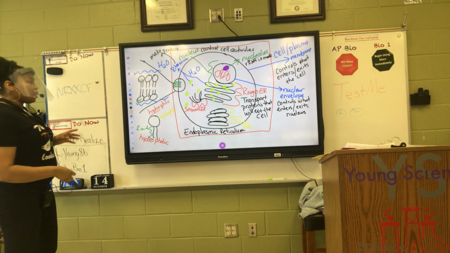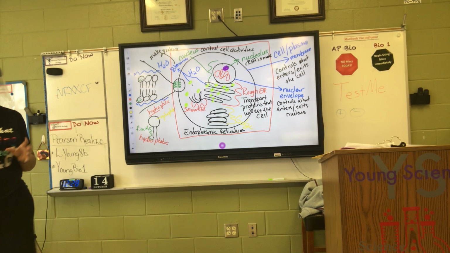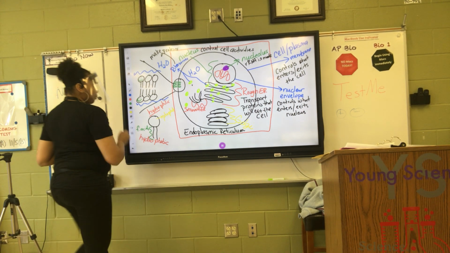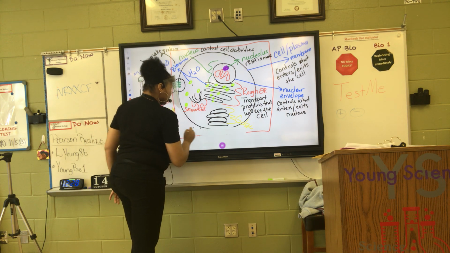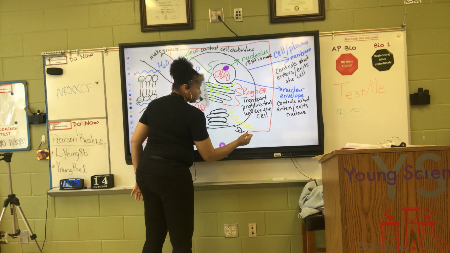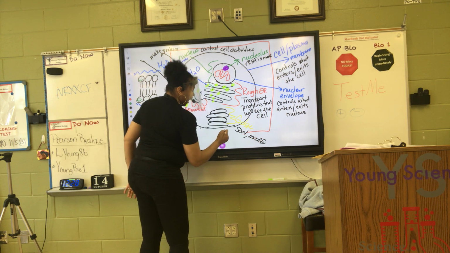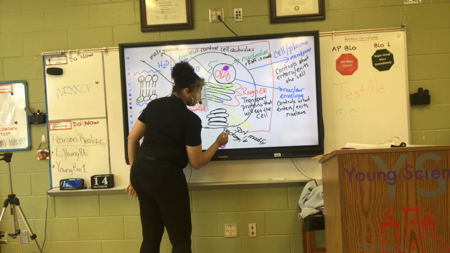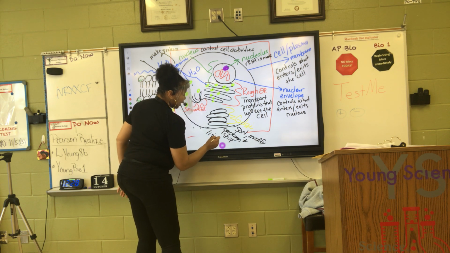Now, the Golgi is typically going to be somewhere near that endoplasmic reticulum because of its job, okay? The Golgi's job is to actually sort, modify, package, and ship lipids and proteins.